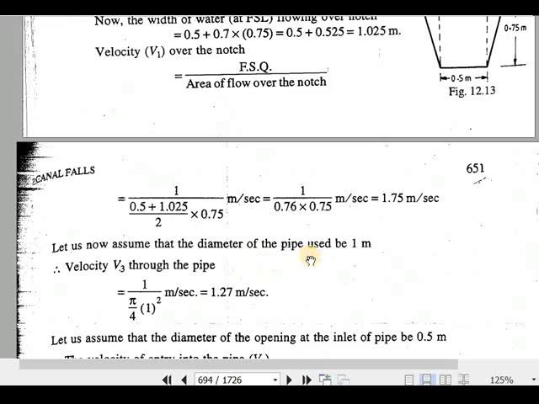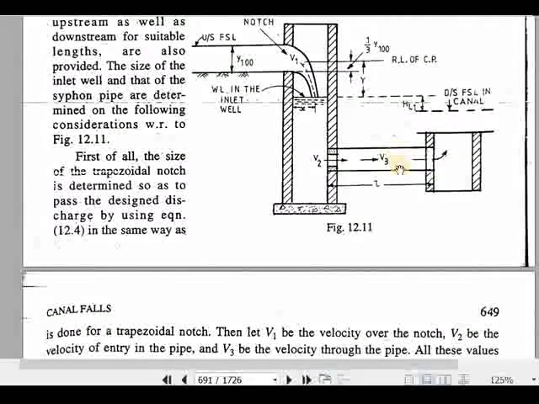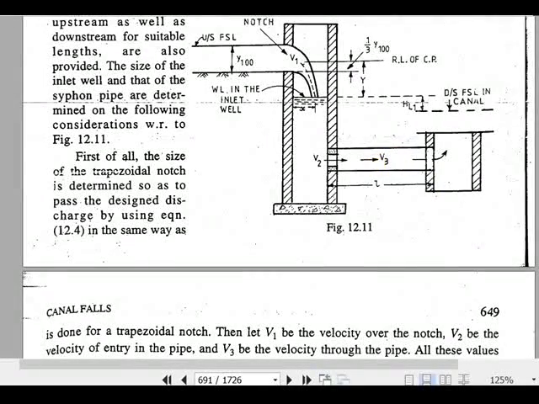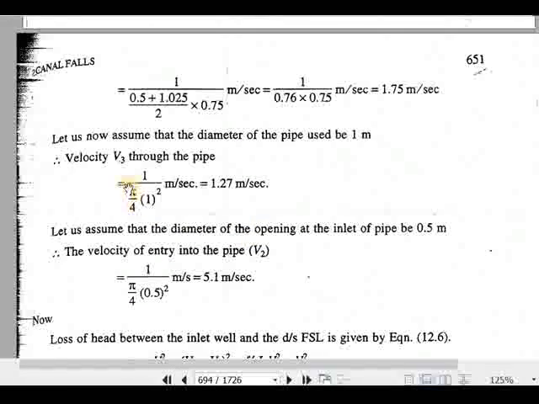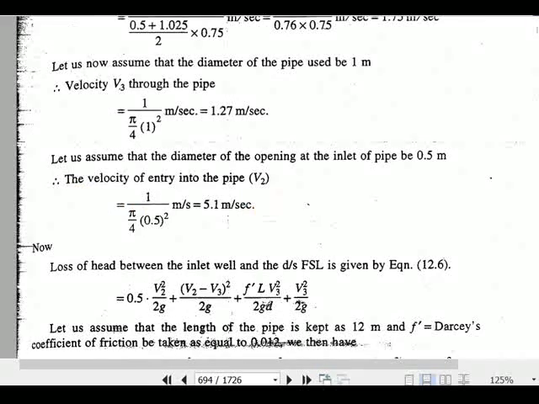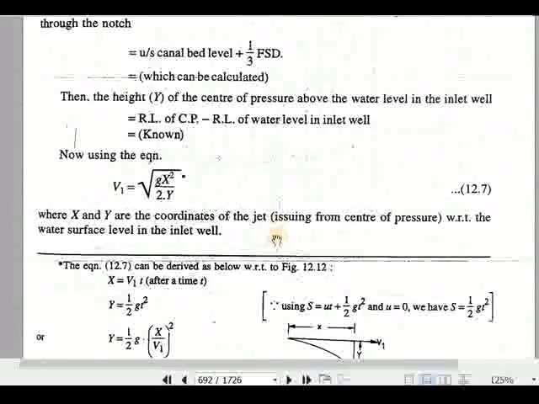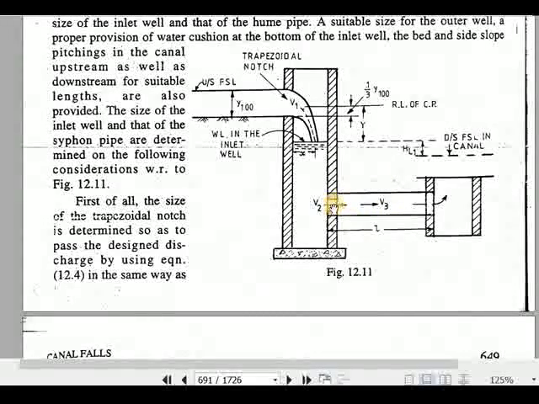Now let us assume the diameter of the pipe used for V3 is 1 meter. If this pipe has diameter 1 meter, then we can calculate V3 as discharge 1 cubic over area pi by 4 d square. Similarly for V2, at the opening we have a diameter a little bit less compared to V3 at this opening.